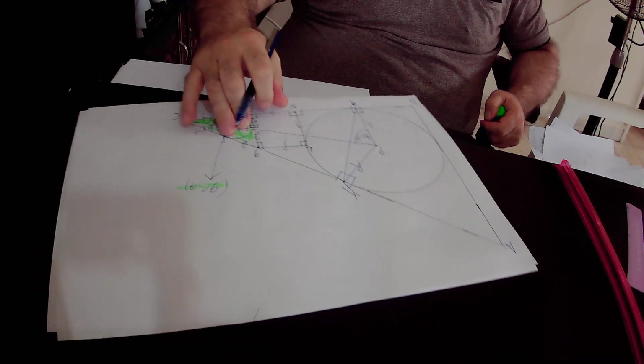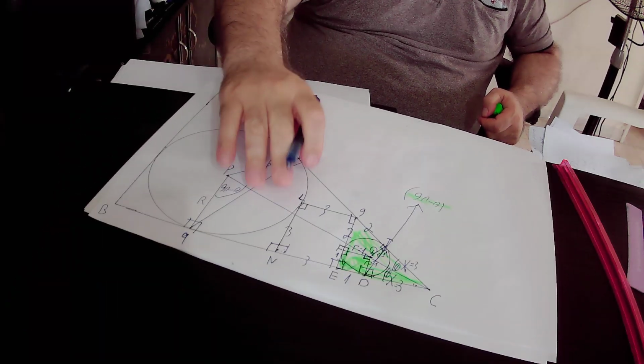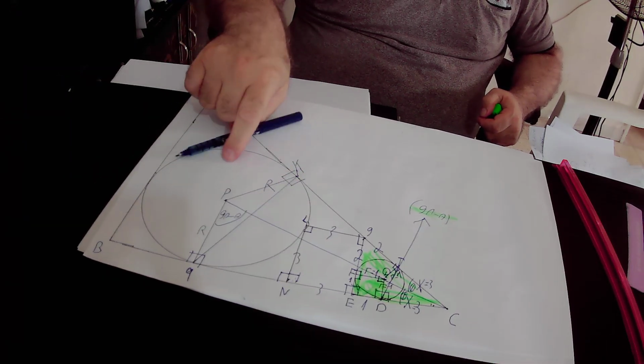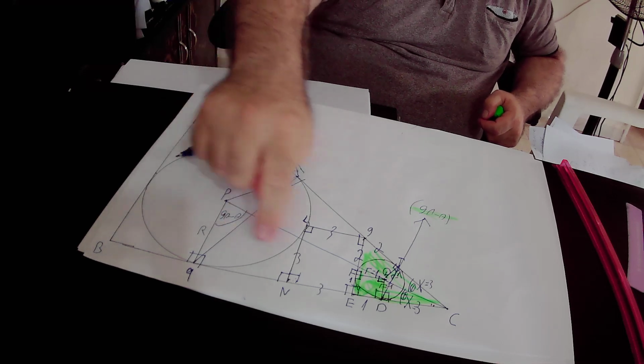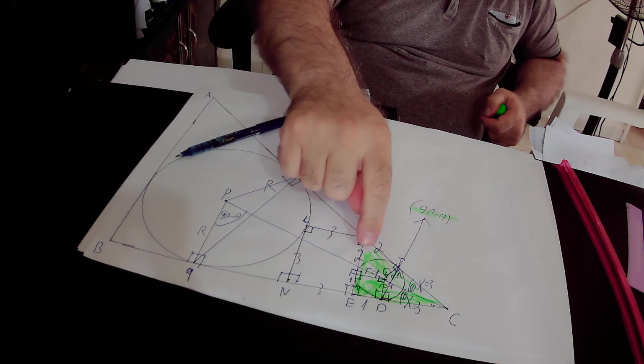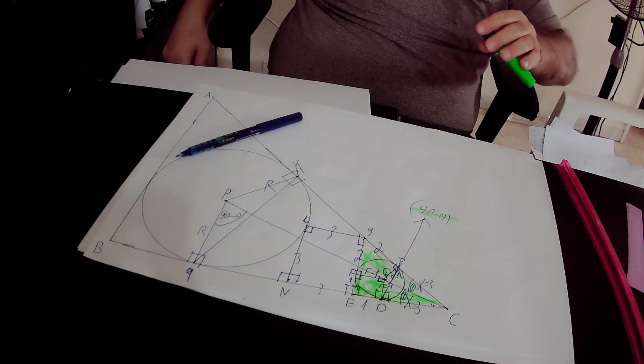In the next step, we will prove that the big right triangle PQC is similar to the small right triangle, triangle ODC.